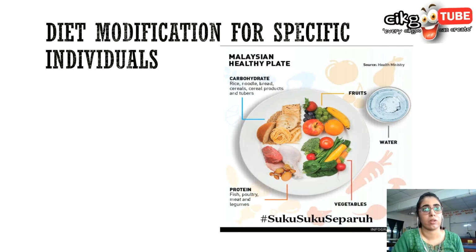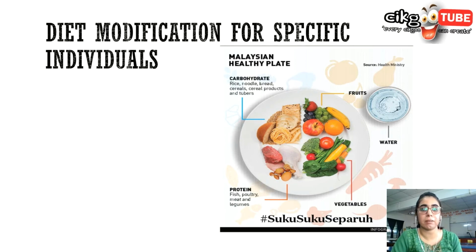Okay, now a balanced diet for each individual will vary according to lifestyle, health condition, and also specific nutritional requirement. Each individual must make wise choices based on their nutrition guide. Okay, so for example, suggestion for nutritional needs can be made based on Pinggan Sihat Malaysia.